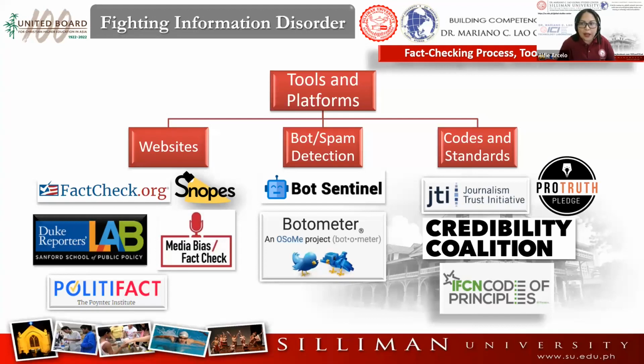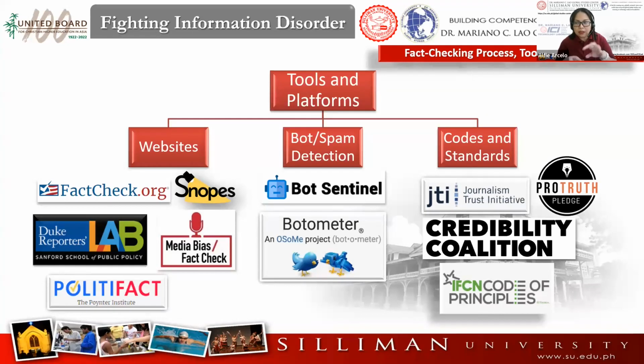And the last one is for the codes and standards, because I believe we also need some standards, guidelines, and policies. Why are they considered fake news? Why are they considered factual information? Stuff like that. So groups and organizations are working together.